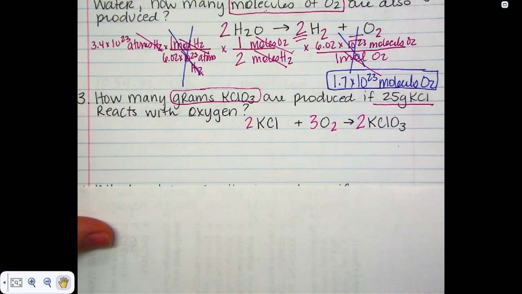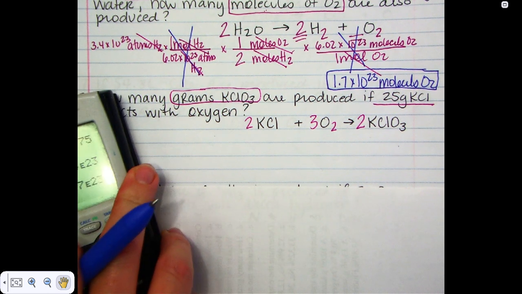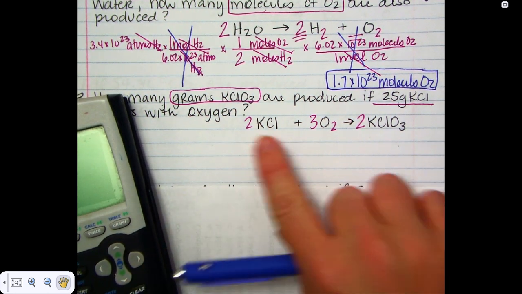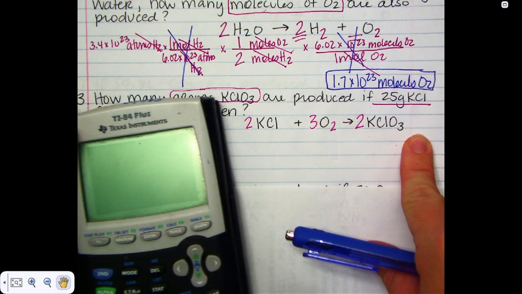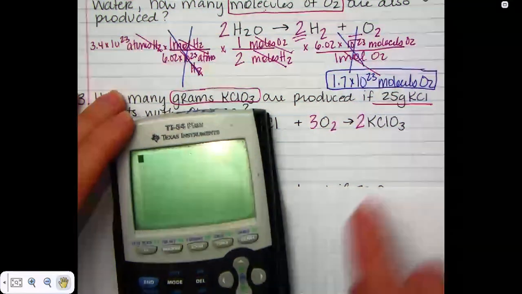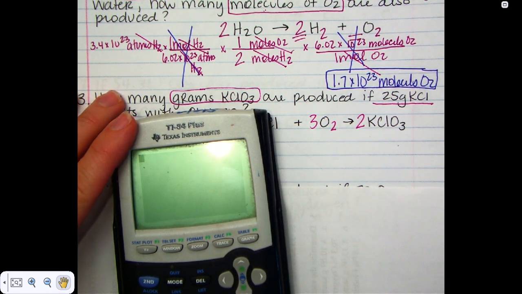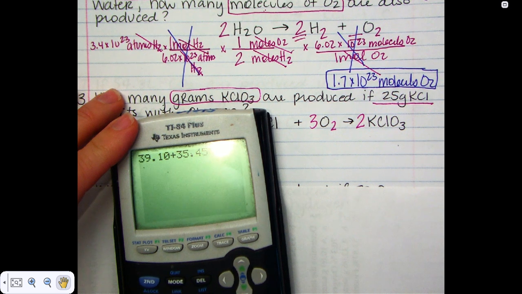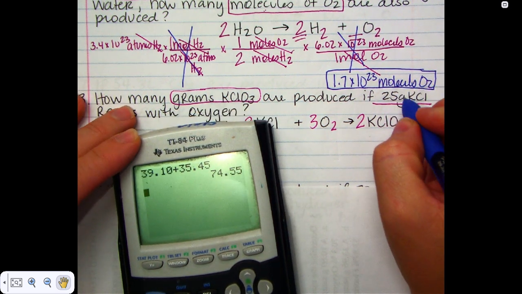Now this time, because I'm in grams, remember that means that my conversion factor I'm going to need is molar mass. Be very careful when you're adding up your molar mass here, because if you mess up the molar mass and you have 2 of them, you're going to get the problem wrong. So let's do the KCl first. Potassium is 39.10 plus chlorine 35.45, 74.55.